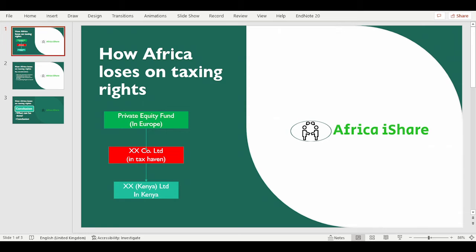Now Kenya has two obligations. On the shares, it will need to pay dividends, because as a return on investment in shares, you pay dividends. And for the amount of the loan, Kenya will have to pay interest. In Kenya, the interest is an expense, so it will reduce the taxable amount.